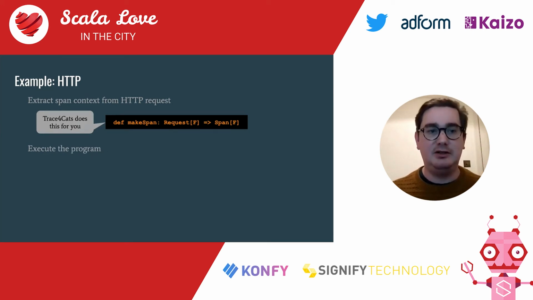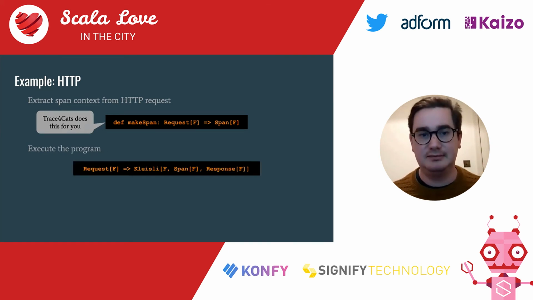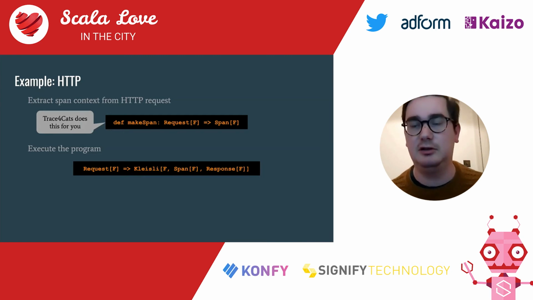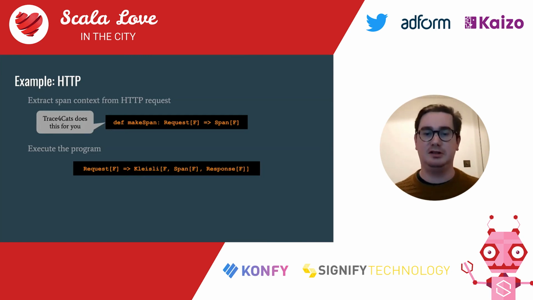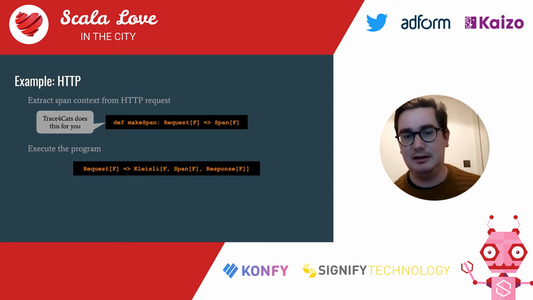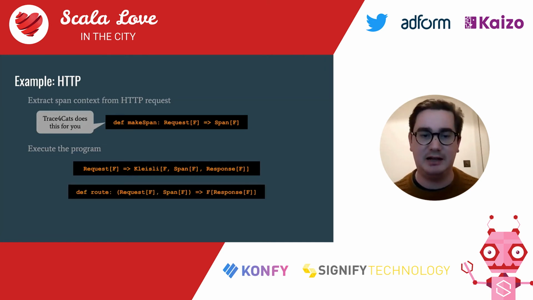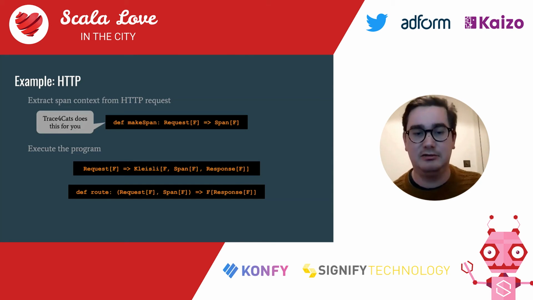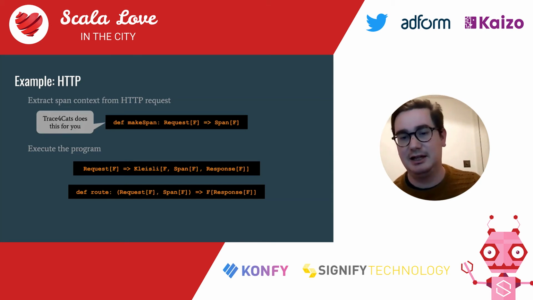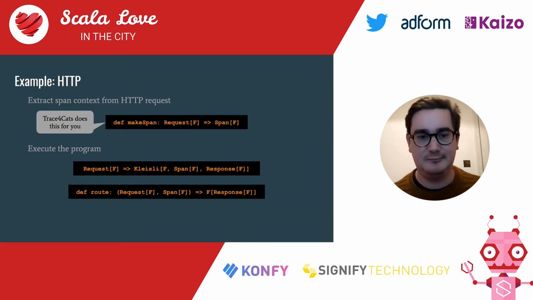And then you want to execute your program. So your program should look like something like this. So I'm using Kleisli here, and your program is I've got a request coming in, and then I want to use that to go to a Kleisli, which needs a span to go to a response. So if we expand that, and we'll call it a route, we need a request and a span, and then that gives us a response.